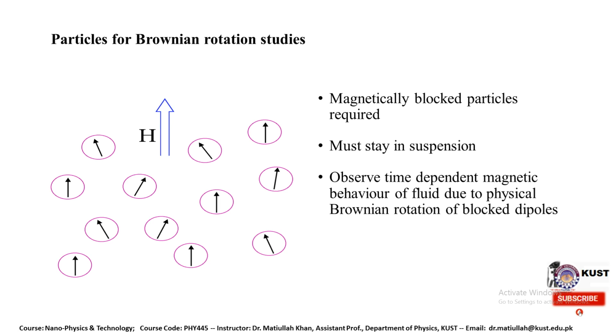Further increase in the strength of the external field H will align more dipoles in the direction of the field. Magnetization will rise until all the magnetic domains are perfectly aligned in the direction of the field. Magnetization at this stage is called saturation magnetization.